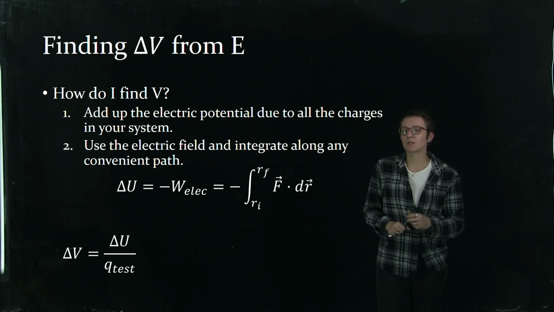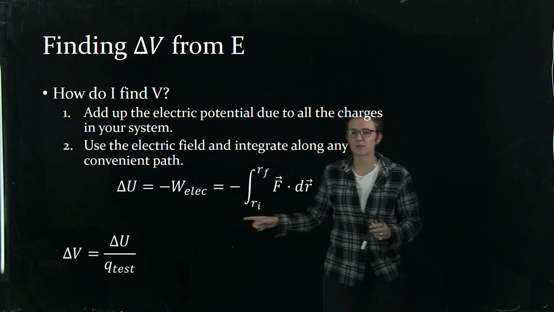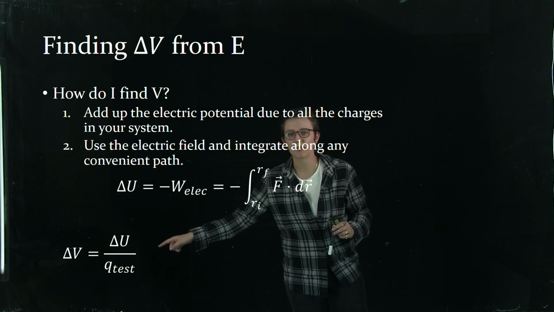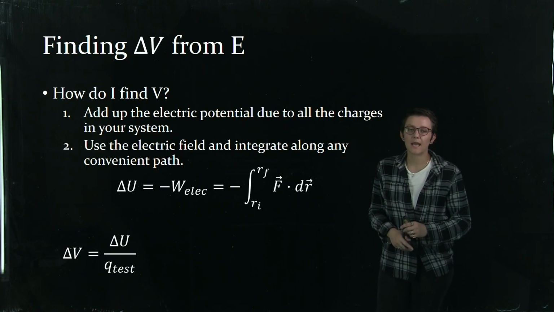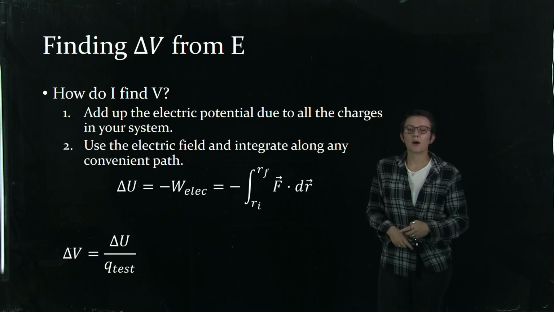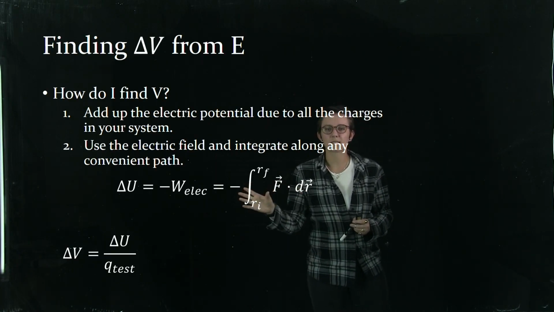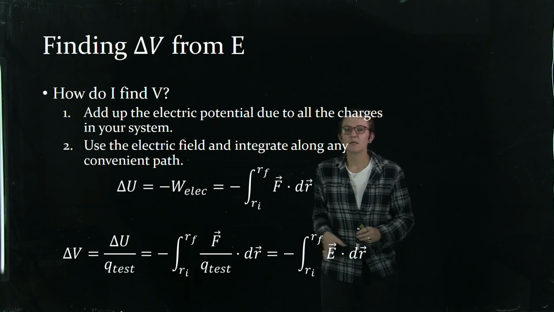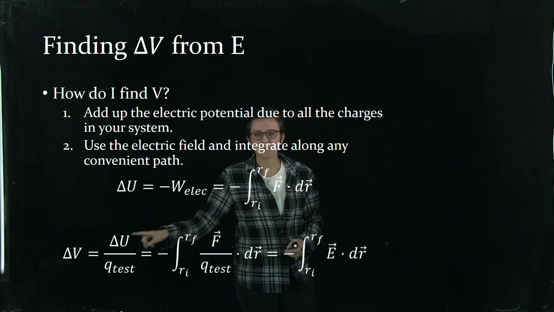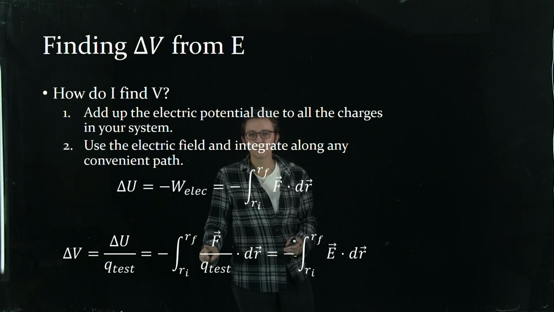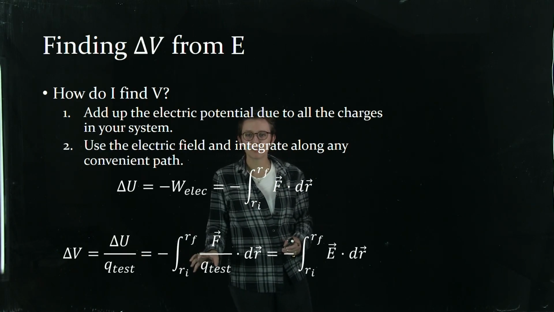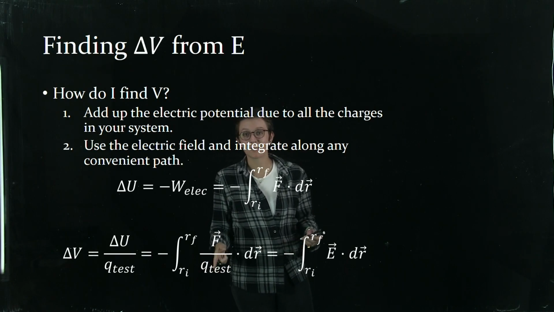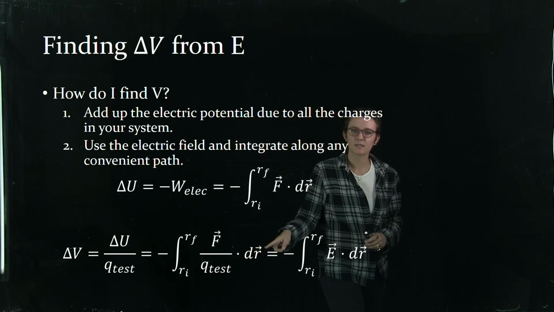So now what I'm going to do is remember that my electric potential difference is equal to my electric potential energy divided by a test charge. And now I'm going to take this expression and plug it right into that expression and simplify a little bit more. So what I've done here is I've taken my integral for my delta U and I've pushed in Q test into this integral. I can do that because Q test doesn't depend on r.